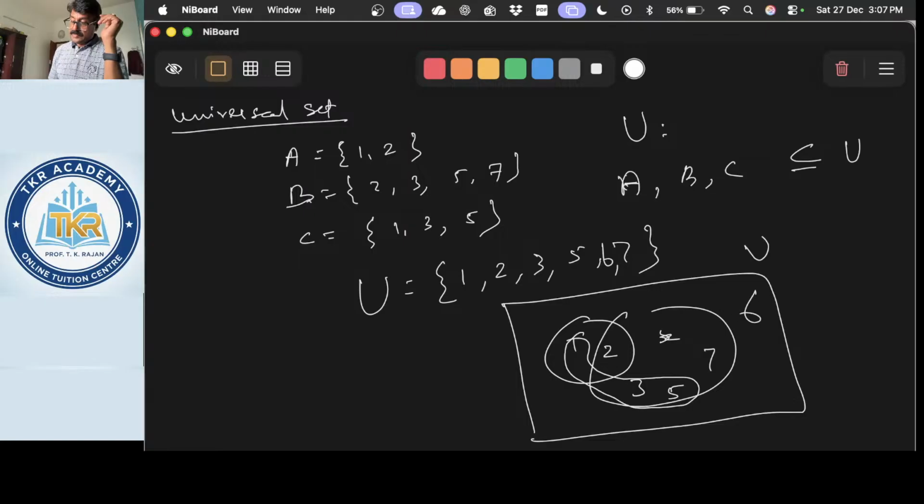There is a 6 outside all these subsets, because 6 is not anywhere in A, B, C. So you mark 6 outside these sets A, B, C.